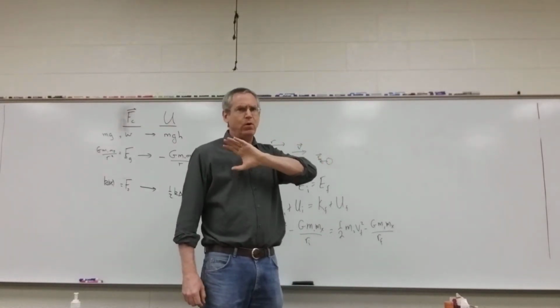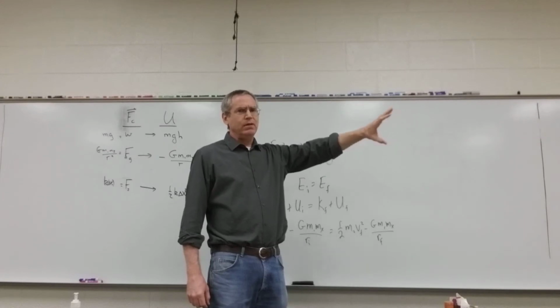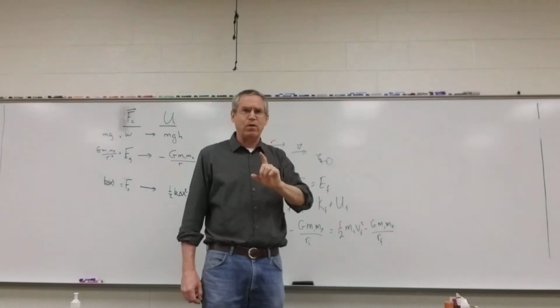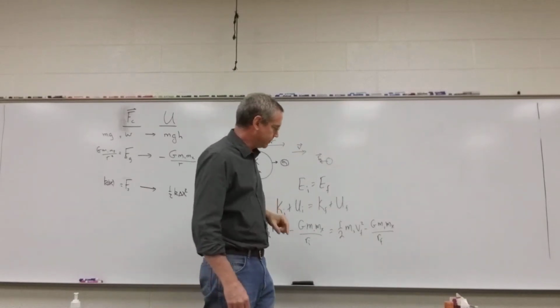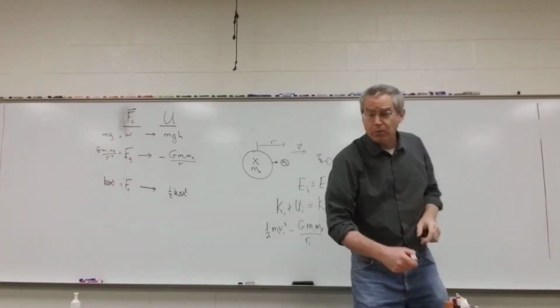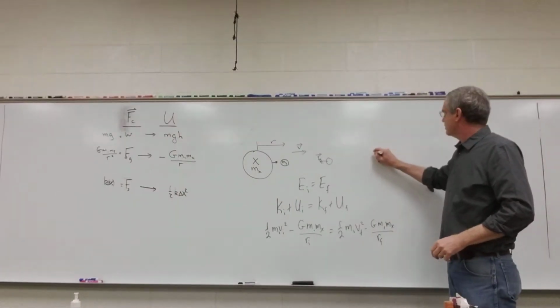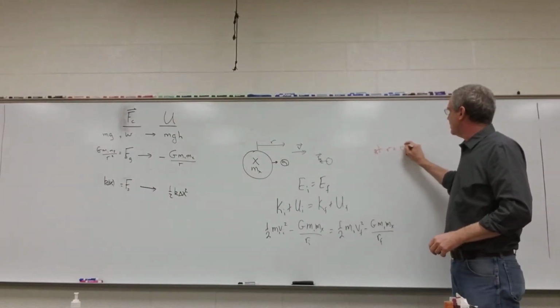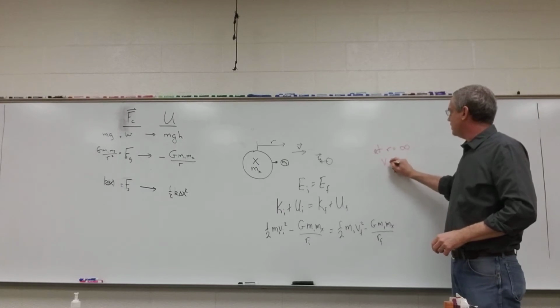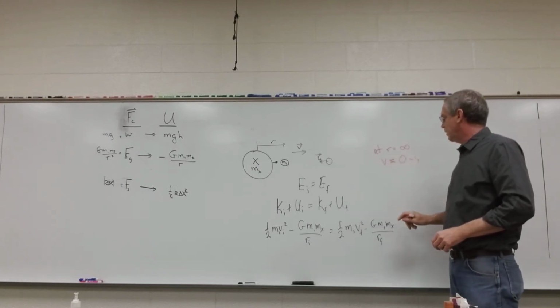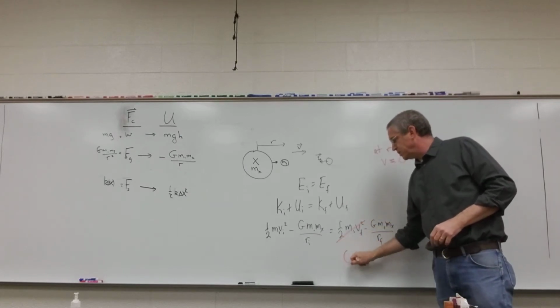So if we go an infinite distance away, then it is going to be infinitely slow. It's still moving, but it's not quite stopped. However, it's close enough for physics. And so, at r equals infinity, the speed is approximately equal to 0 meters per second. And so this becomes 0.